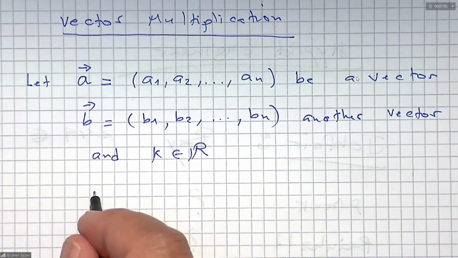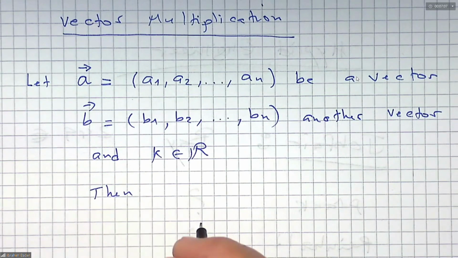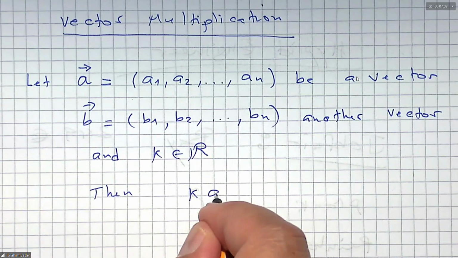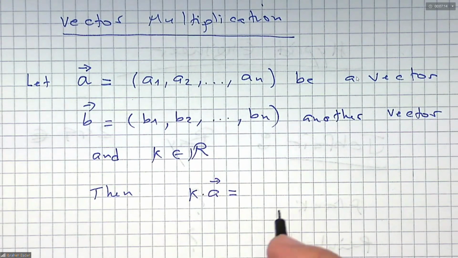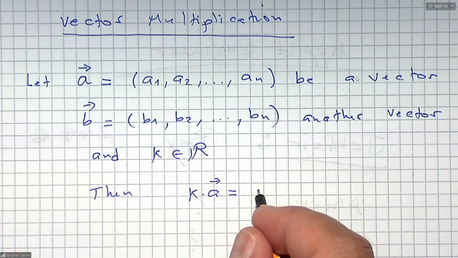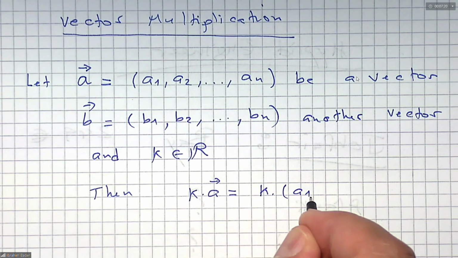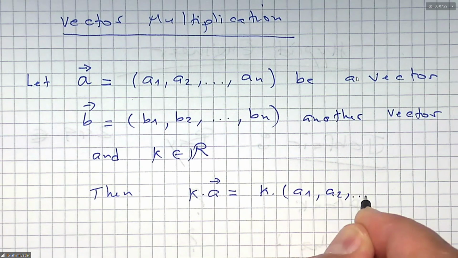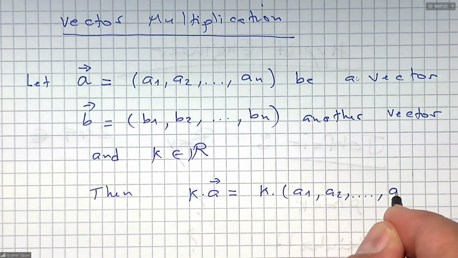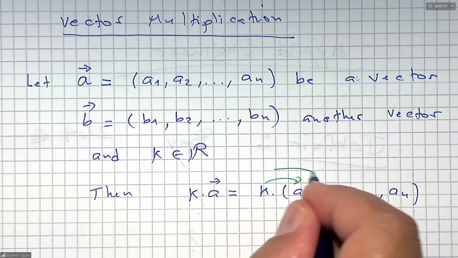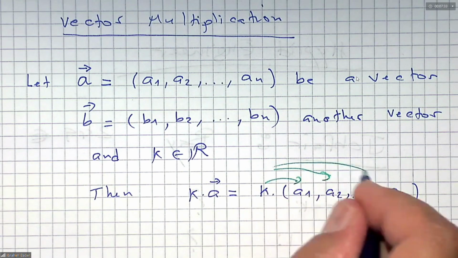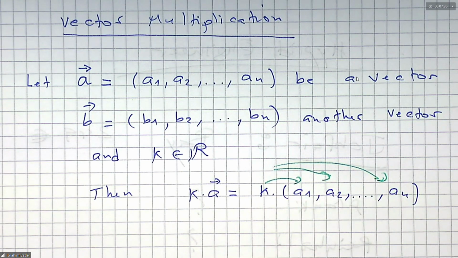So the first type of multiplication: if I just multiply the vector, let's say A, with a scalar or constant, I will have here k multiplied by the vector up to An, and what I'm going to do is expand this constant to all entries or components of the vector.